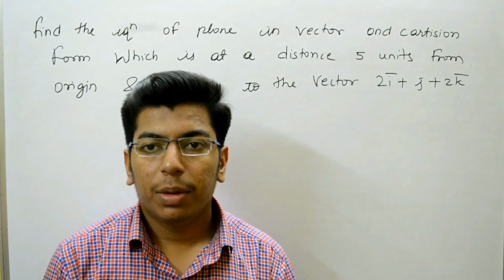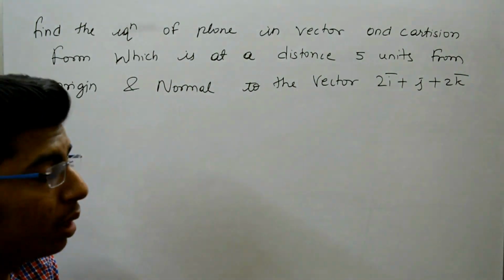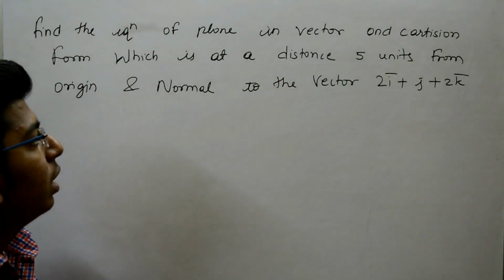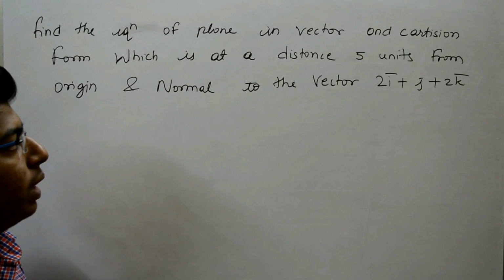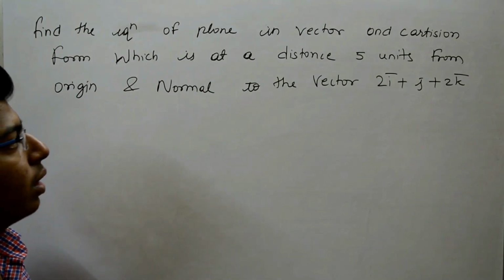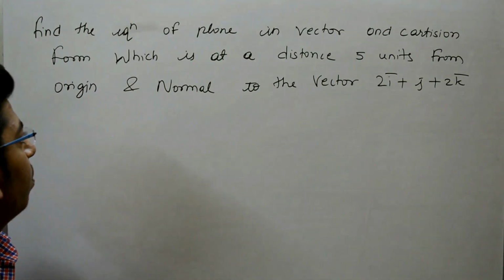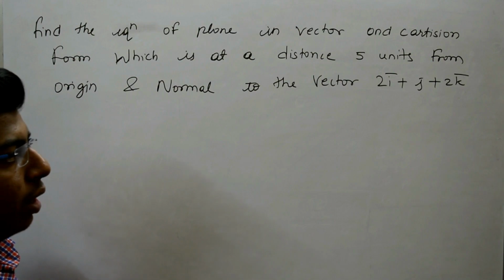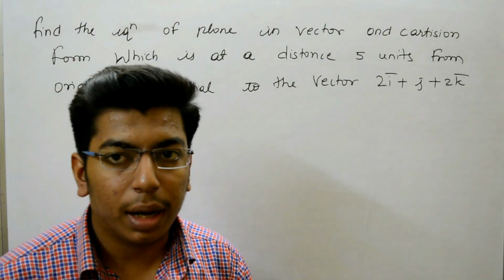So the problem number first. According to the first problem, find the equation of plane in vector and Cartesian form which is at a distance 5 units from origin and normal to the vector 2i bar plus j bar plus 2k bar.